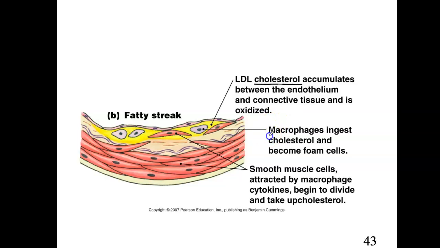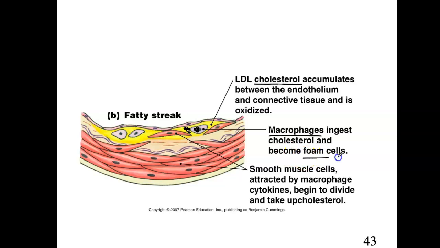So these specialized cells, macrophages, they're white blood cells that we talked about, will come up to that region and start eating up some of this cholesterol. And so then they end up with that cholesterol inside their own cell, and they swell up with it.